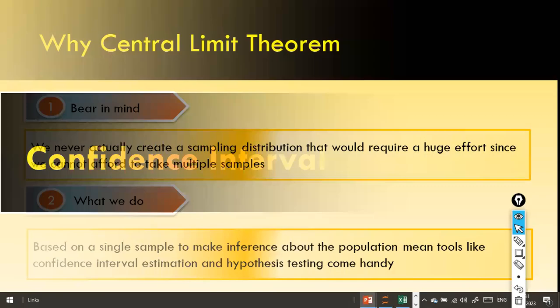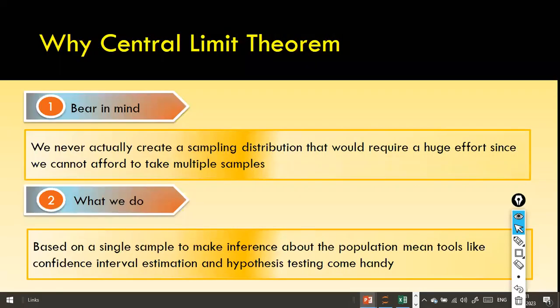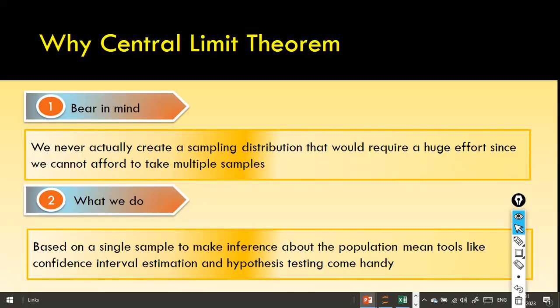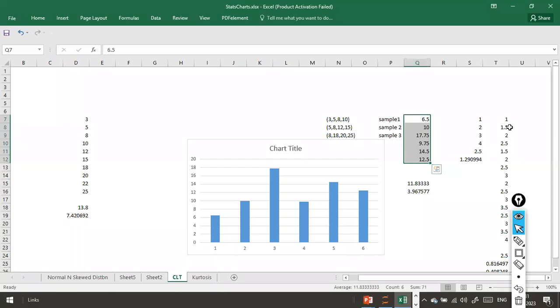Now the question is, why do I need to learn the central limit theorem? In this case, we have drawn many samples. Look at these 4 values, this is my population.